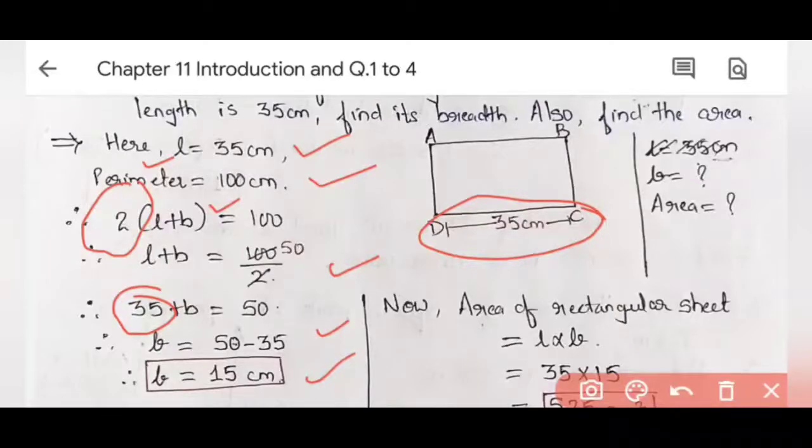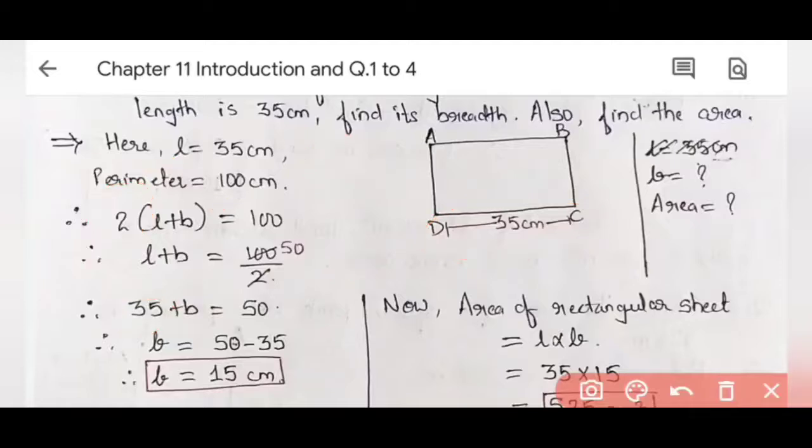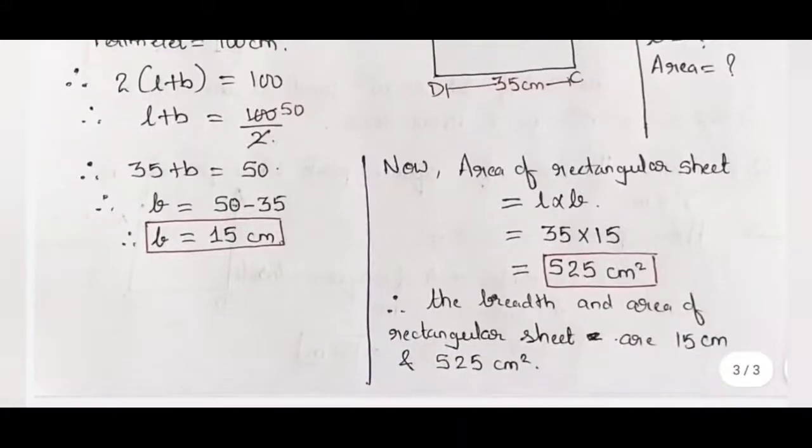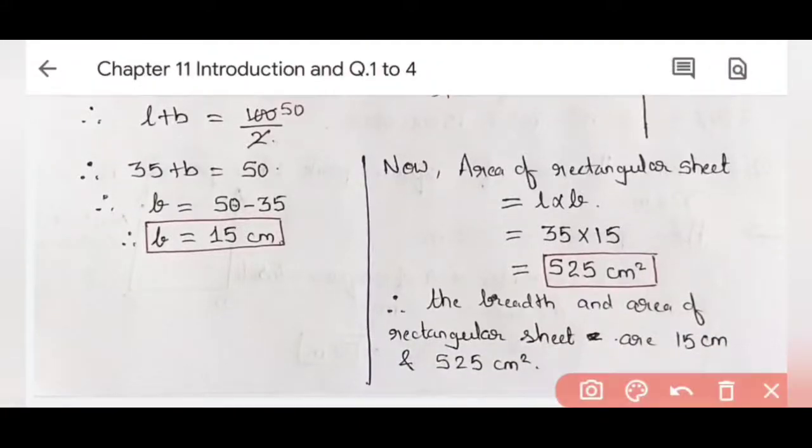Now since we have got breadth and you know the formula of area of rectangular sheet, that is L into B, we will place it in its formula L into B. L is 35, breadth is 15. So multiplying it, we will get 525 centimeter square.